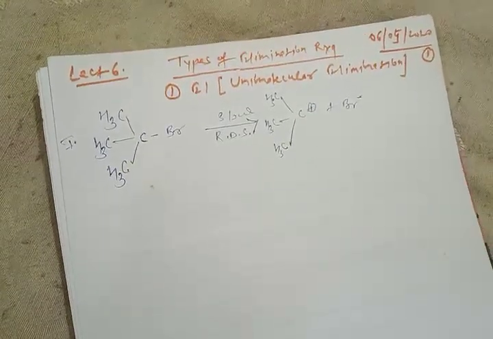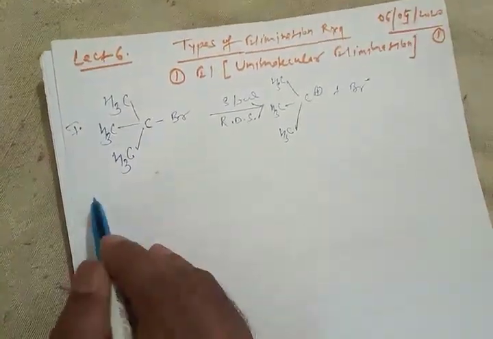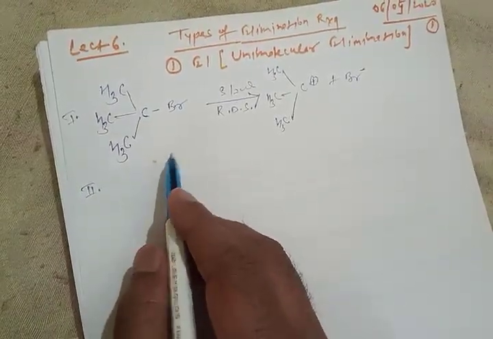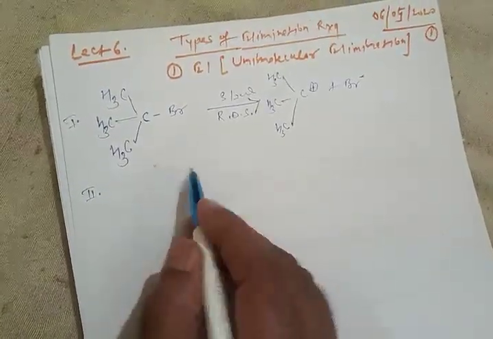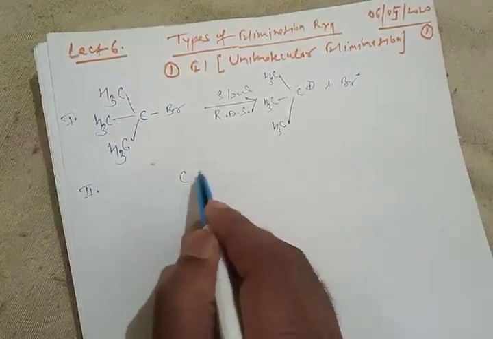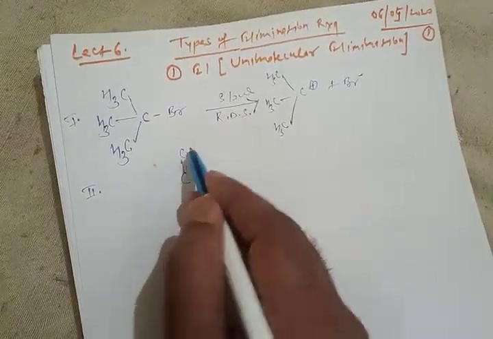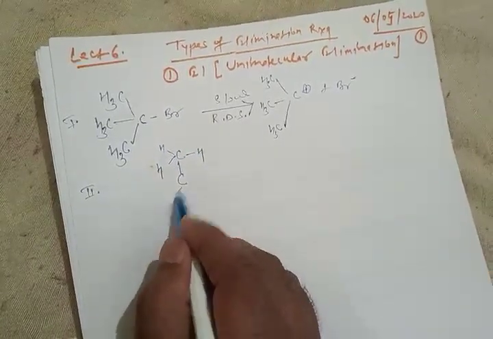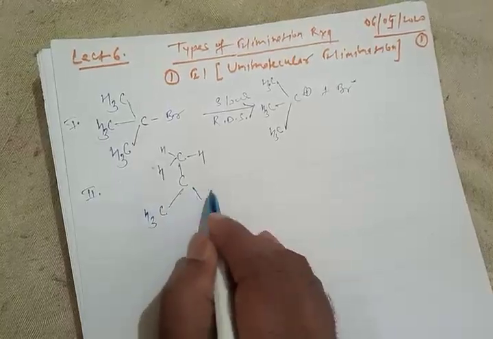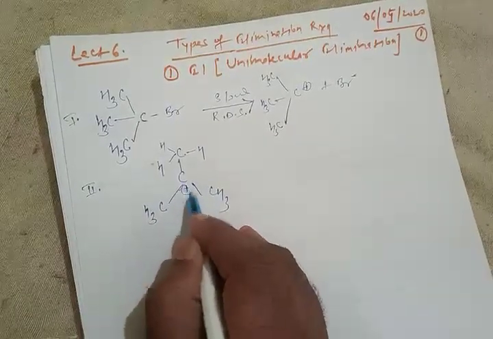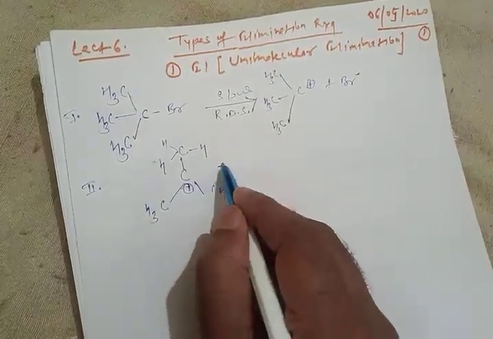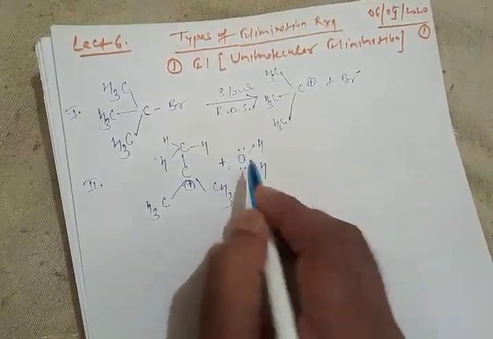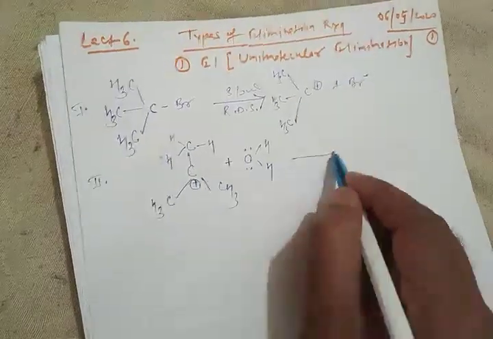Then in the second step, we have this cation, (CH3)3C positive, and the reagent. This is a fast reaction.